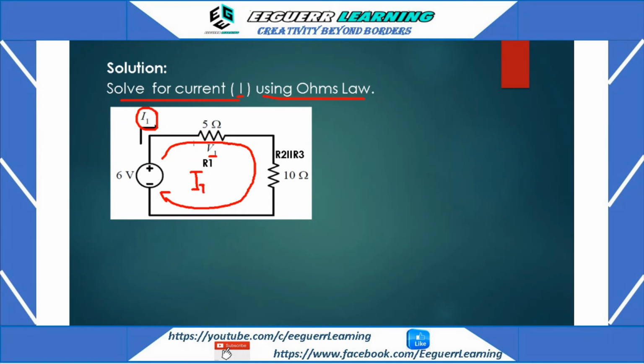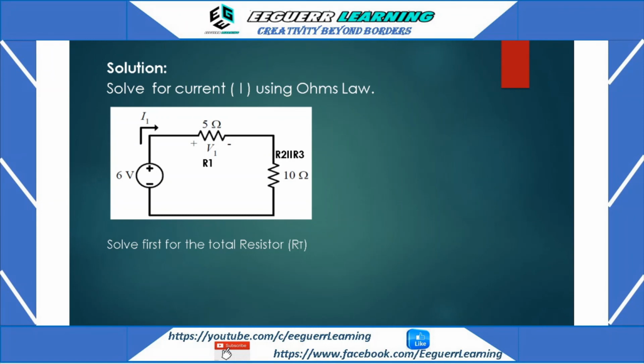So we are tasked to solve for the total current flowing inside this series circuit. So let us continue. Solve first for the total resistance, R total. We cannot continue if we are not going to combine the two resistors here. So we're just going to get the R total of these two.